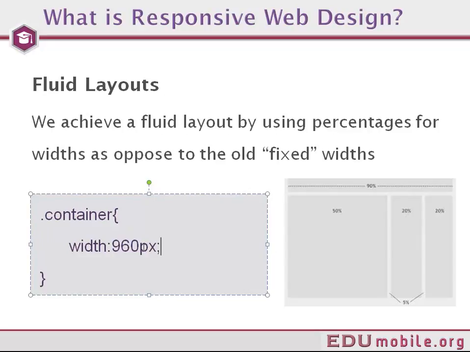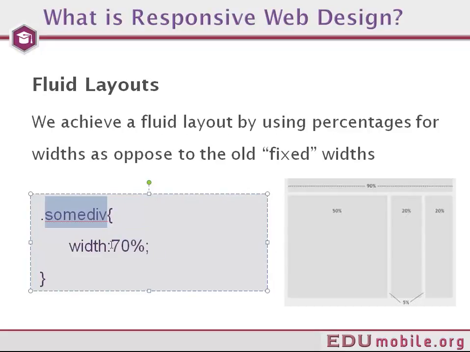It's set at 960 pixels no matter which device or how big or small the screen size is. We can use percentages like this to have it fluid. So when the browser's resized, this div, this class here, will stay 70% of the browser no matter what. And we can change this in the media queries, which we'll talk about in a minute.